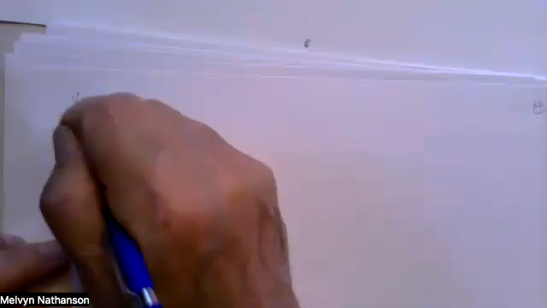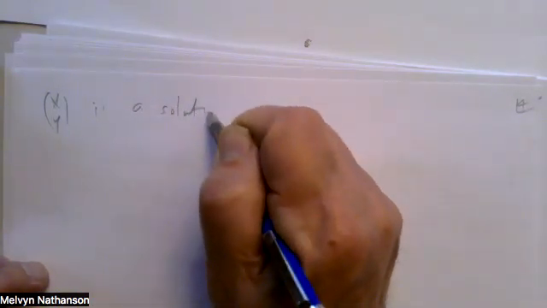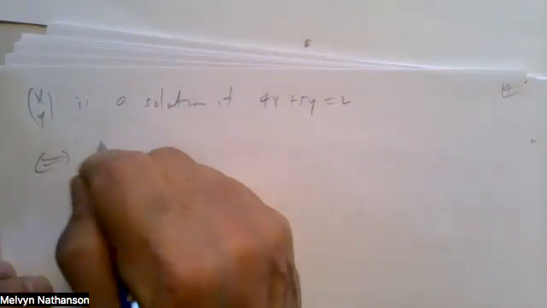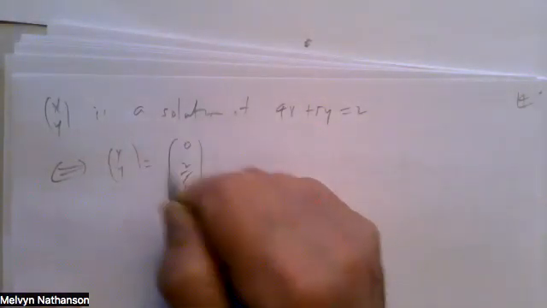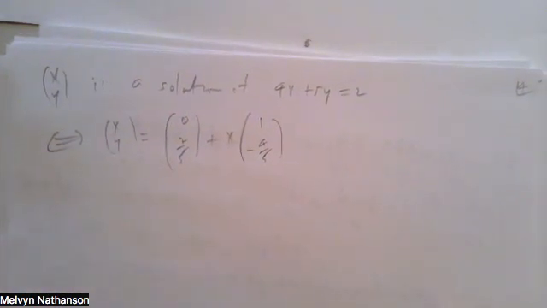So what this tells us is that the vector (x, y) is a solution of the inhomogeneous equation 4x plus 5y equals 2, if and only if (x, y) is a vector of the form (0, 2/5) plus any scalar multiple x of the vector (1, minus 4/5).